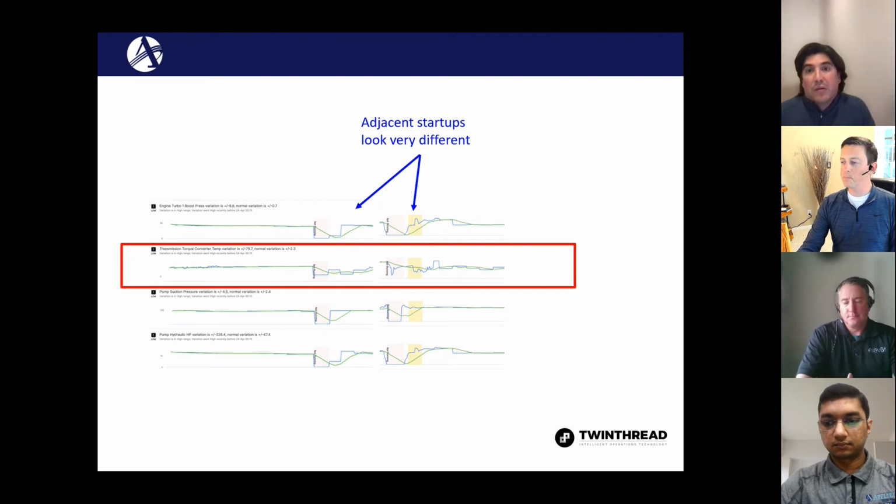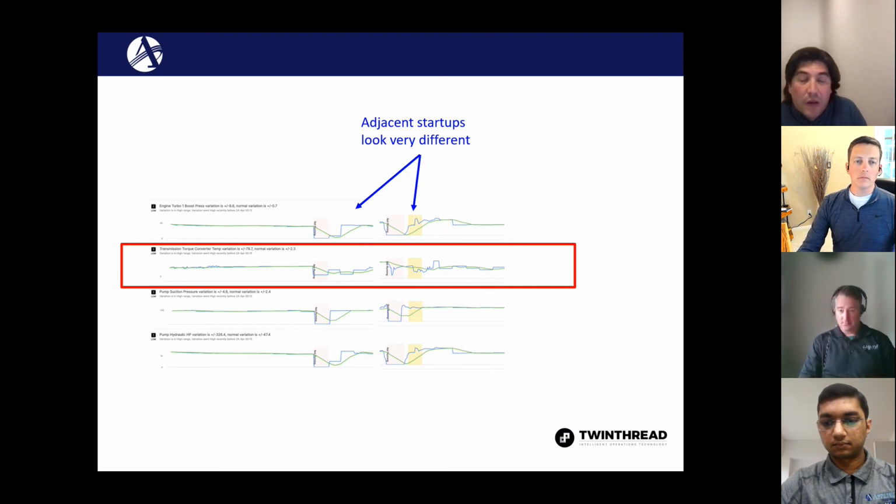And so we're talking about days before a catastrophic failure event, we're already identifying all this variability that's key for a subject matter expert to take action on and avoid any failures going forward. So the system is automatically doing this.